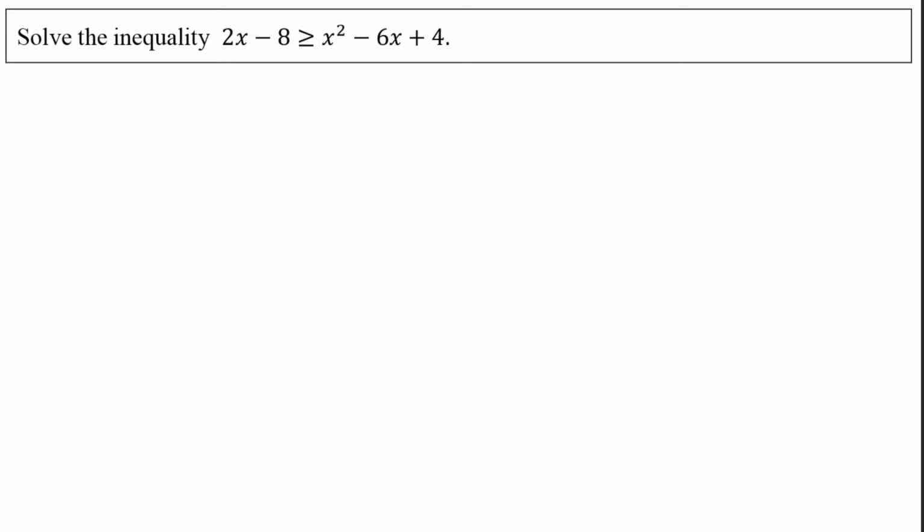We can use the same graphical method to solve quadratic inequalities. In this case, we could draw the graph of y is 2x subtract 8. We could draw the graph of y is x squared subtract 6x plus 4.